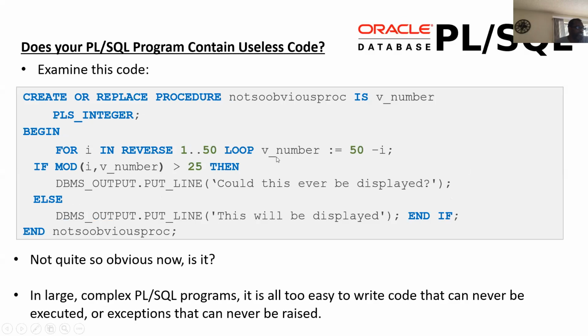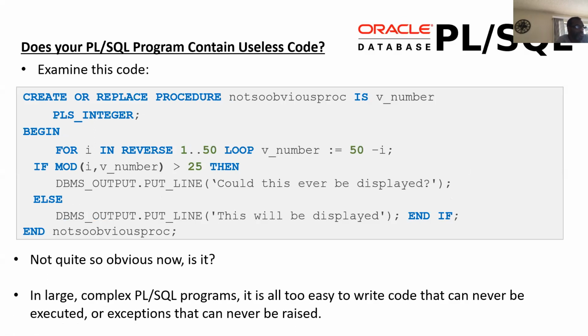Okay. So let's look at another example of not so obvious. If you look at this procedure, is this an example of very bad coding? Basically, we're running a loop.